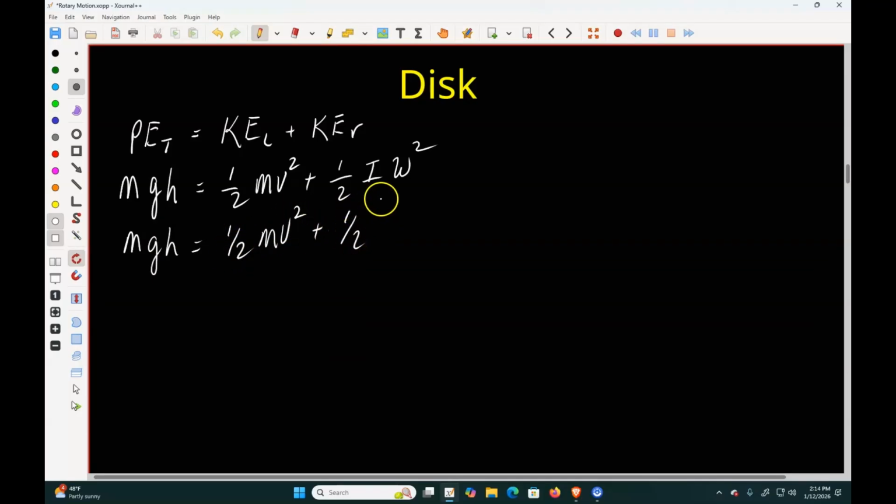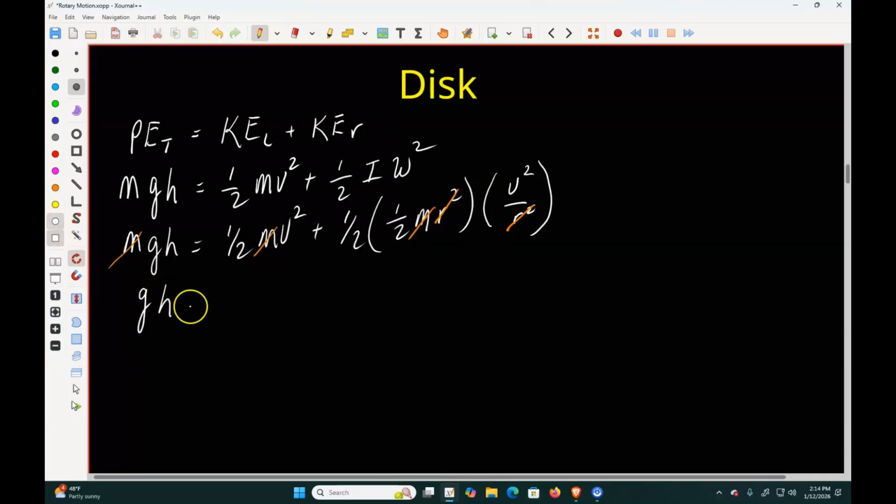This will be 1/2 of, we said that for a disk it is 1/2 mr squared. And again, we're going to substitute v squared over r squared for omega squared. R squares cancel. Masses cancel.